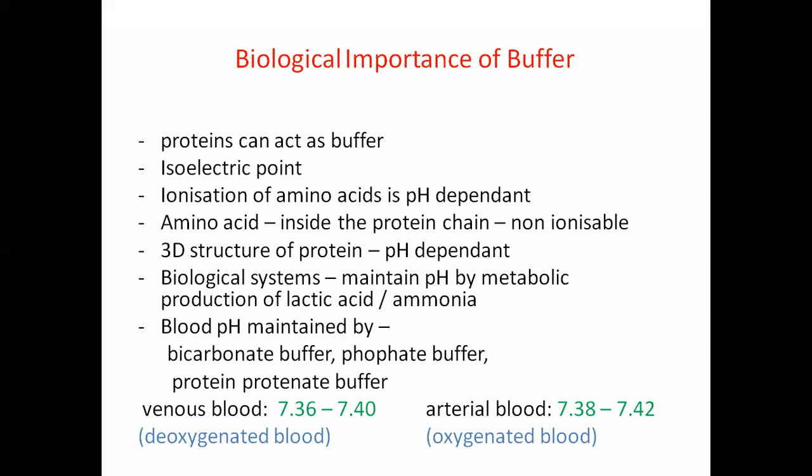So about the protein, I want to tell you a few more extra pieces of information. The protein denaturation or the ionization of amino acid is pH dependent. Probably you will be having silk sarees at home.